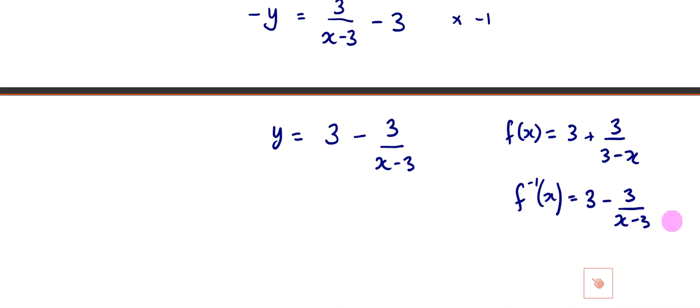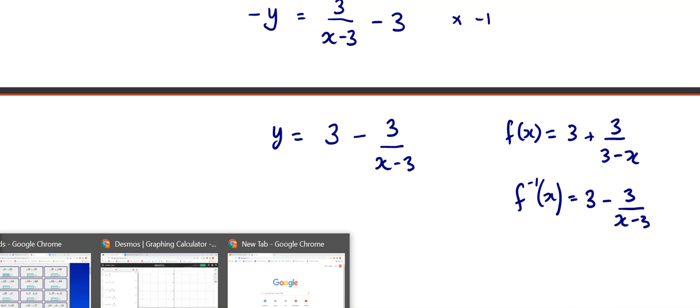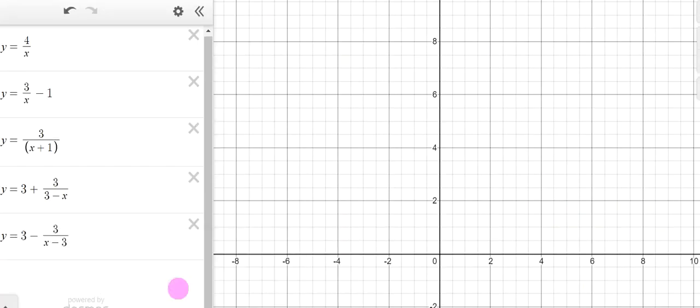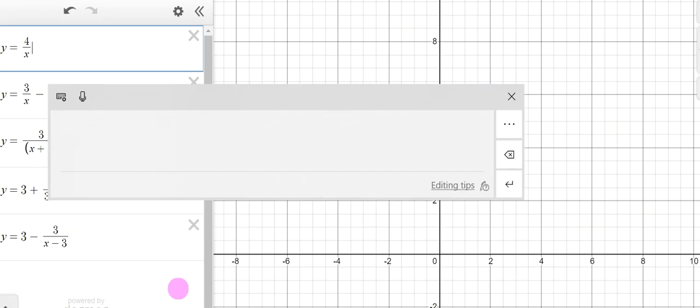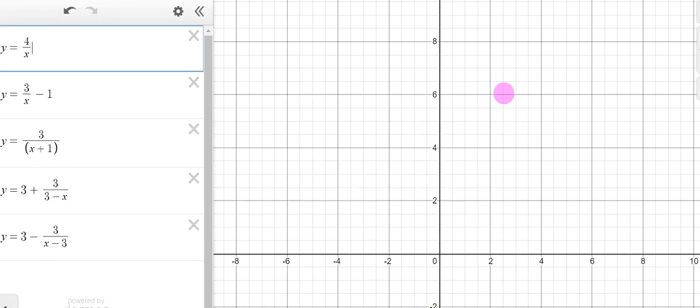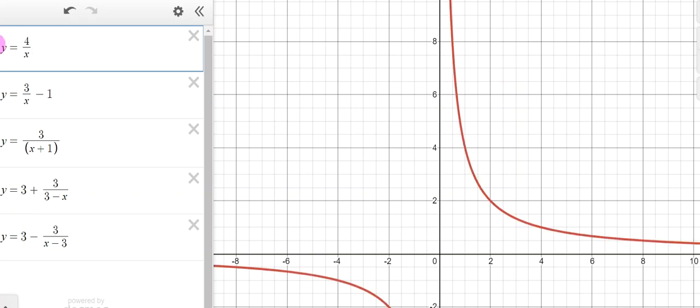Alright, so just to address the graphing bit, let's just have a look. If I graph 4 minus x, well, what did we notice about 4 minus x?